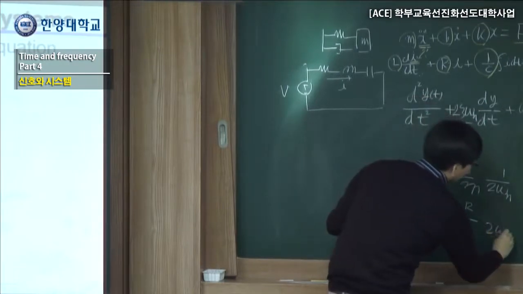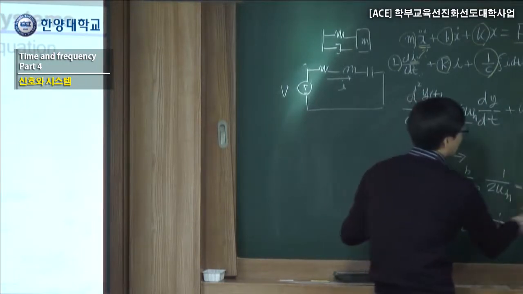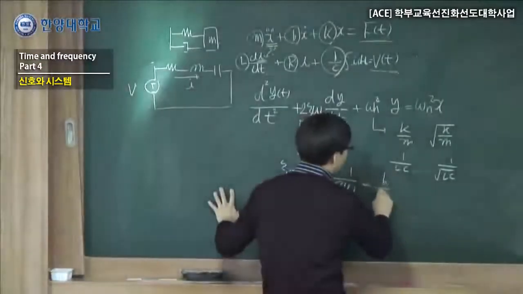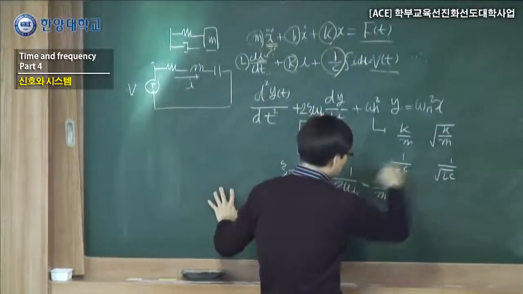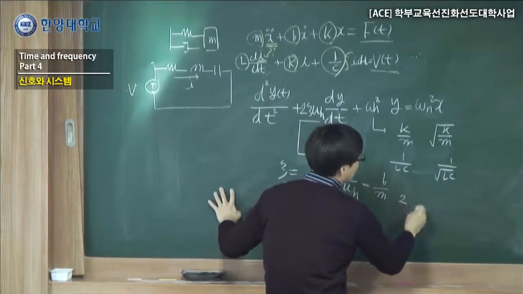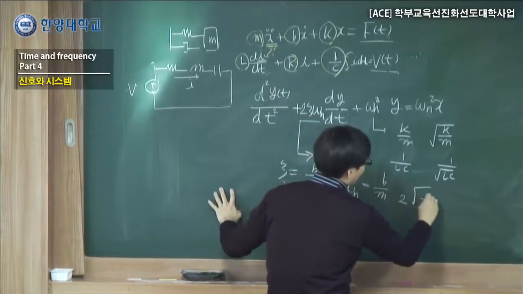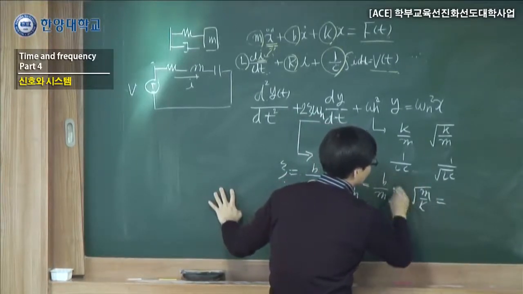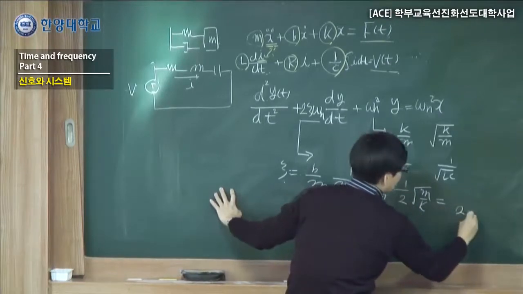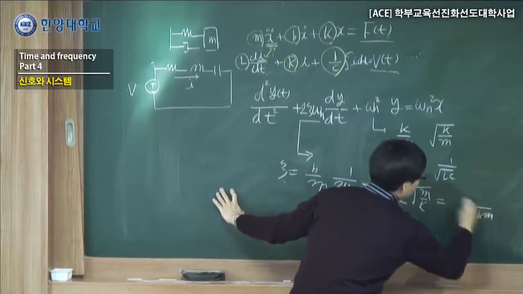So 2 omega n over 1, that's the chi over here. In the mechanical case, it is B divided by M times the resonant frequency, which is 2 times the square root of K over M, which is the same as B over 2 root KM.